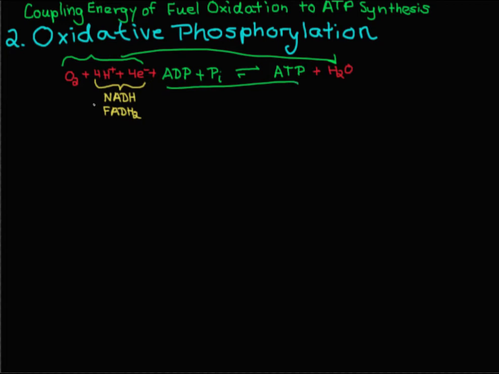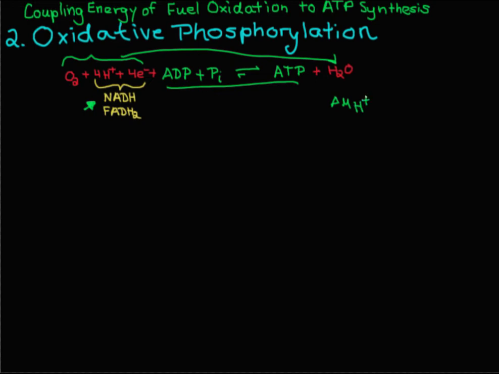And the electrons and protons come from these cofactors NADH and FADH2, which were generated during fuel oxidation. And the coupling comes not from substrate, but from an electrochemical gradient of protons. So we're going to draw this as a delta mu H plus.